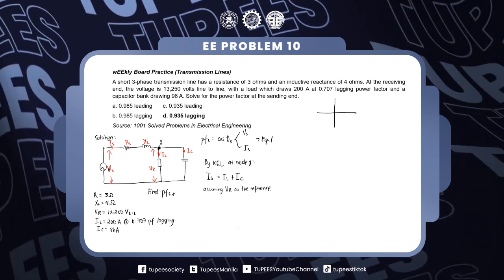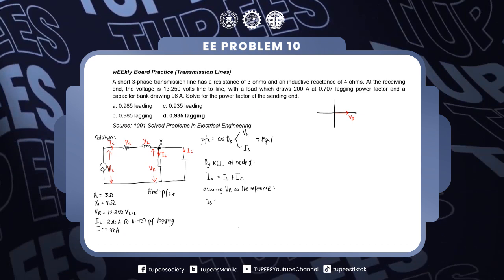If VR is the reference, it lies on the positive x-axis. So, we can proceed to KCL again.